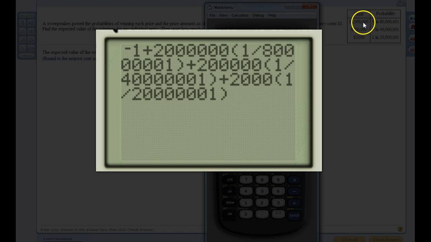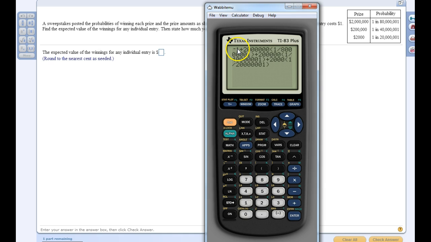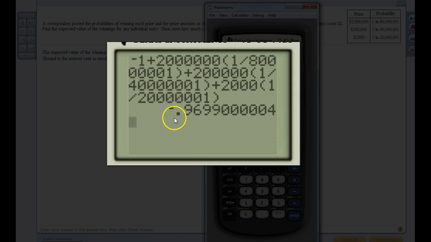But do notice that there is a probability associated with each of these, and we multiply the prize amounts times the probabilities, and add it to this. Now if you're going to play, there's a 100% chance you lose $1, so you can add that in there too, a -1 and then a 1 in 1 chance. But when you hit enter, this is your expected value, -0.9699.